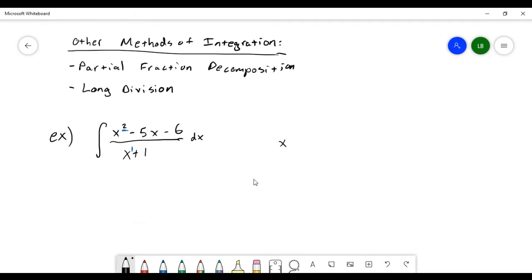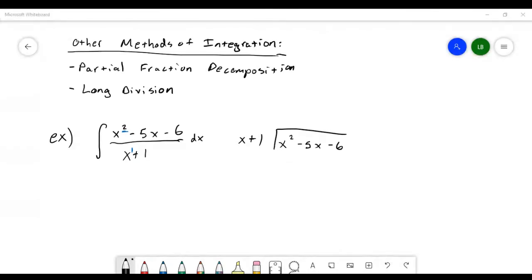What we do is we actually perform this division that this fraction represents. And we can do that through polynomial division. Just to clarify, you guys have done polynomial division before, right?